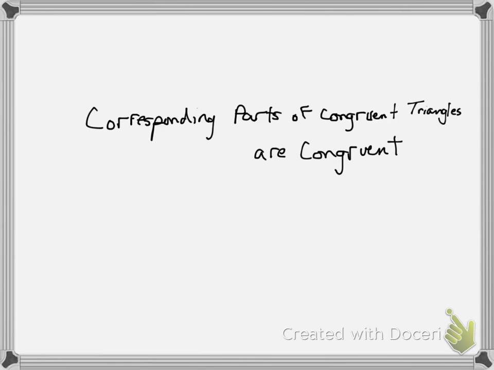And let's really break down and make sure we understand what that means. We're saying it's established in this phrase that we have congruent triangles. And if we've got congruent triangles, then all of the parts that correspond to each other will be congruent also. So that's exactly what this is saying.